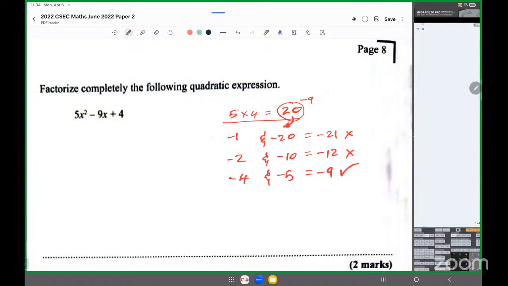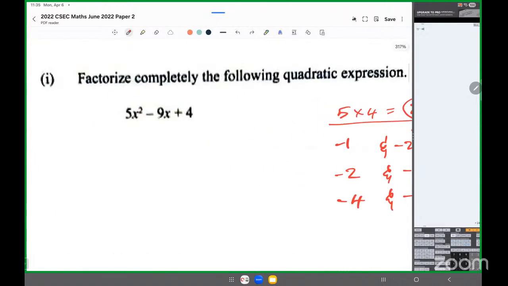It means that we're going to split this minus 9x into minus 4x and minus 5x. That's what it means. All right? Split that minus 9x into minus 4x and minus 5x. You can put the minus 5x in front. I'm going to put the minus 5x in front because it will factorize nicely with this 5x squared. All right? So back over here now.